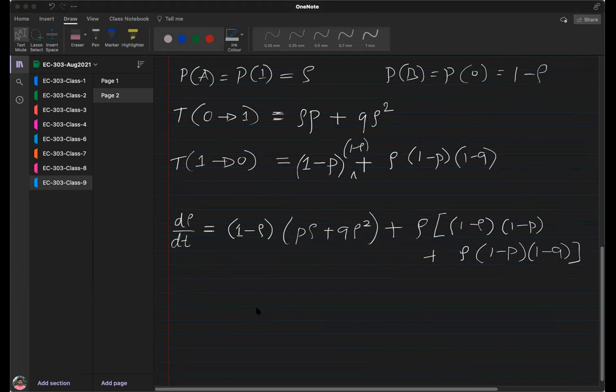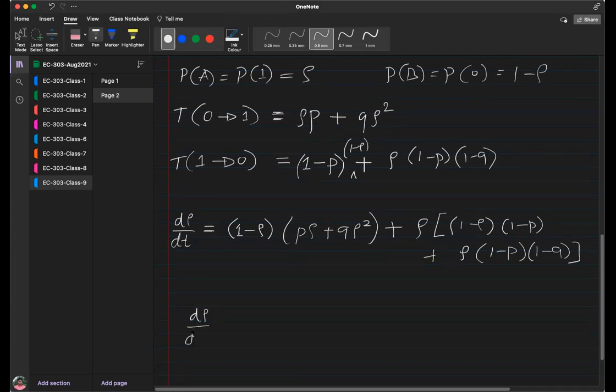Is that fine? So d rho by del t. Please verify, because it's eminently possible that I make a mistake. So the linear term remains the same, 2p minus 1 times rho.